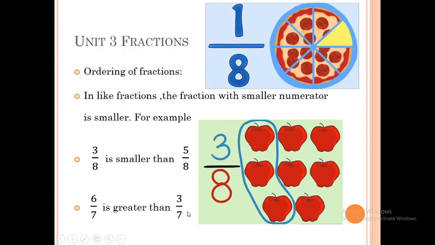This is the rule when we are comparing like fractions. Check the numerator. If it is more, the fraction is big. If it is less, the fraction is smaller. This is the rule only when we have like fractions, and like means the denominator must be the same.